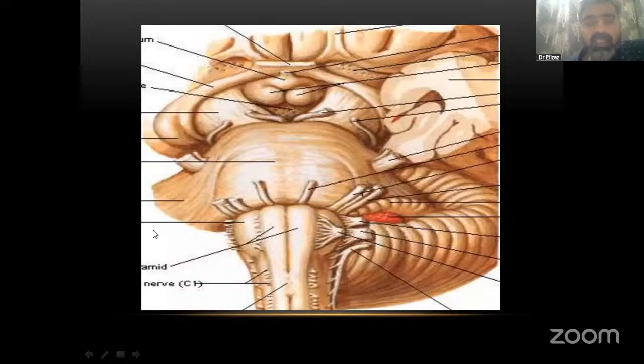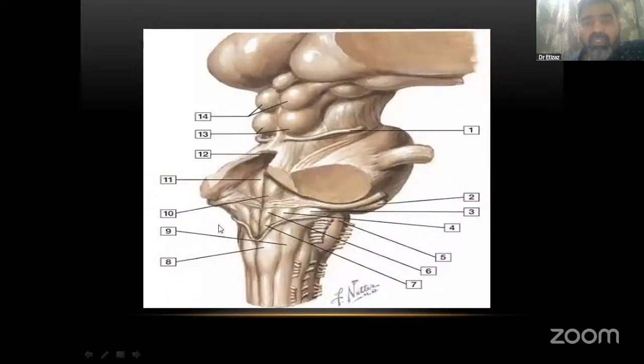So when we say the posterior surface, the anterior surface is mostly called the cerebral peduncle surface. When we see the posterior surface, actually it is called the tectal plate.